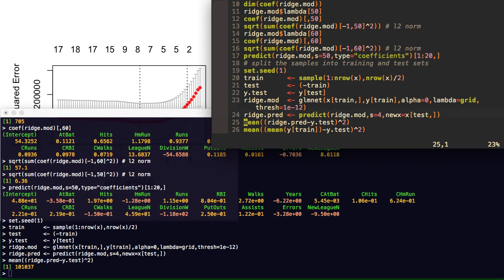This is the mean squared error. I'm blanking on this now. This is what happens when I try to hurry. I should never hurry. So the test MSE, okay, so here's the test MSE with just an intercept.